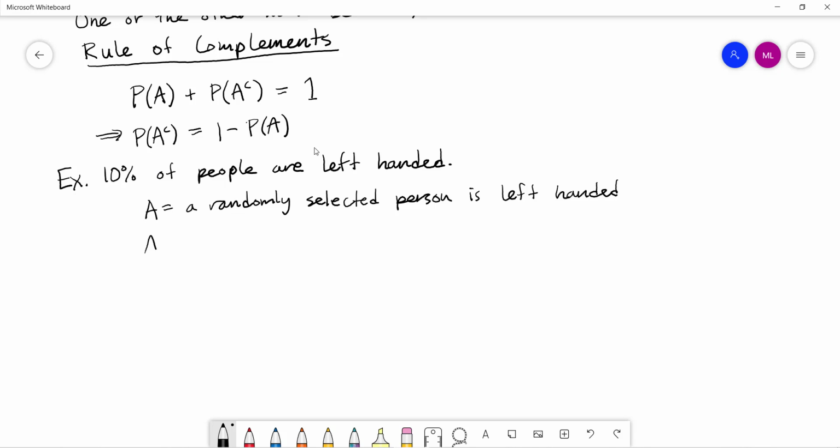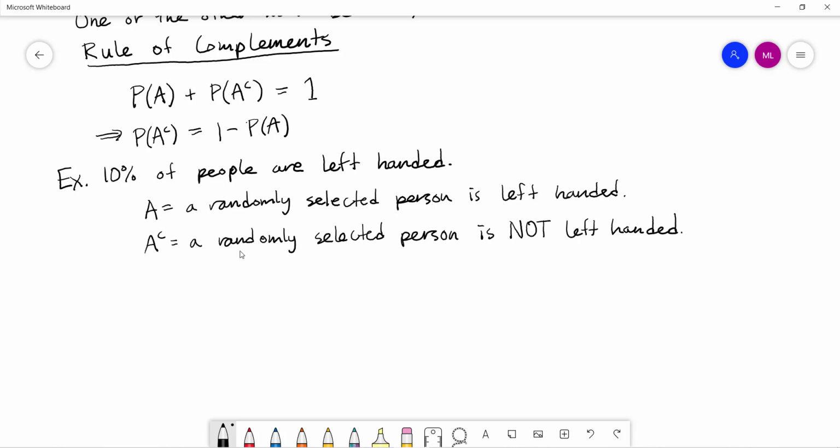Let's figure out what A complement is and the probability of A complement. So what is the phrasing that we would use for A complement? A complement would be that a randomly selected person is what? And the correct answer is not left-handed.